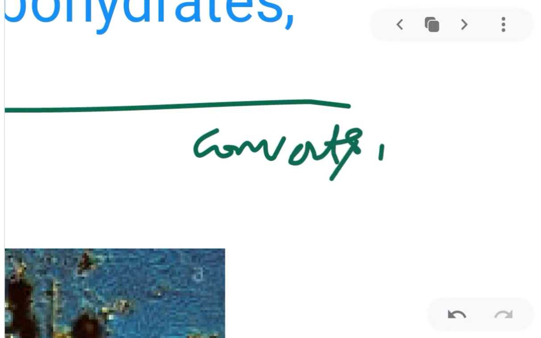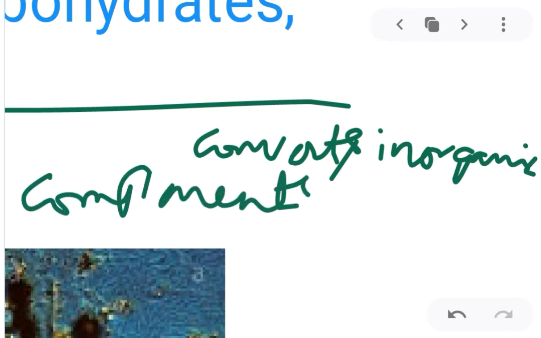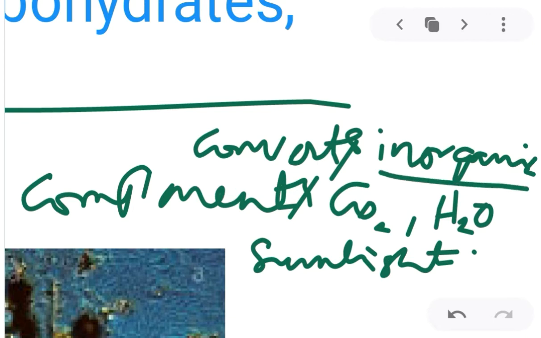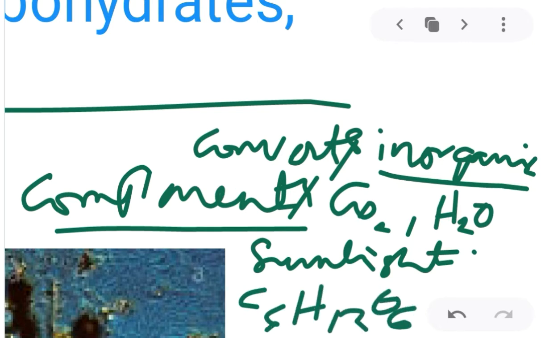Green plants are the organisms which consist of chlorophyll, and they convert inorganic components, like CO2, water, and sunlight, by having chlorophyll, into a complex organic substance known as glucose or carbohydrate, C6H12O6. In detail we will see what that is.